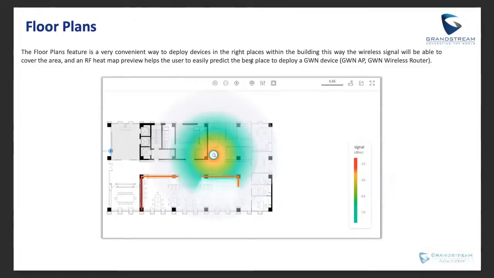Also, a really cool feature that only some vendors manage, but more people are starting to integrate it. Ubiquiti also uses it. It's floor plans. It's a very convenient way to deploy devices in the right places.